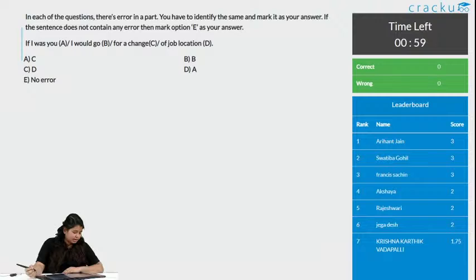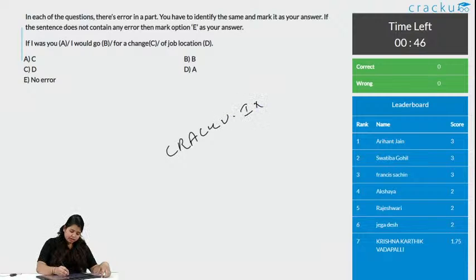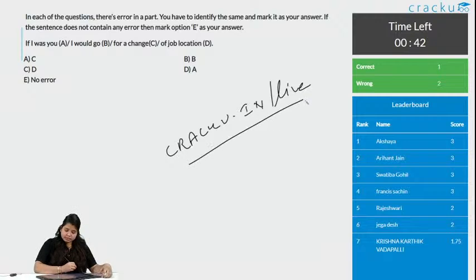Yes, Jayashree, option A is the correct answer. Prem Rohila, you can join here. cracku.in/live. Swati Bhai is leading the board with score 4.